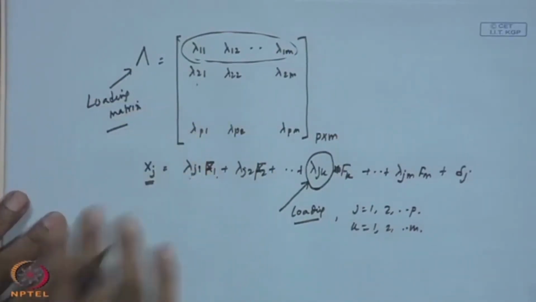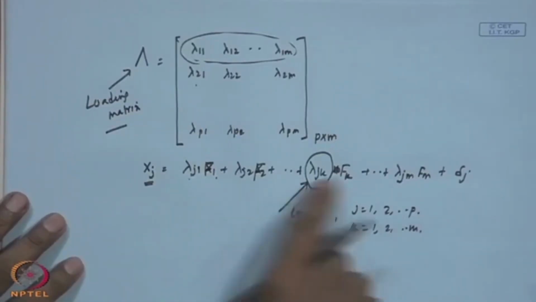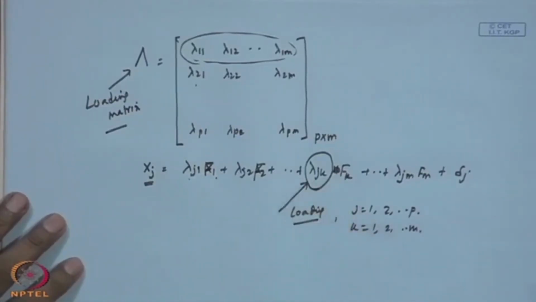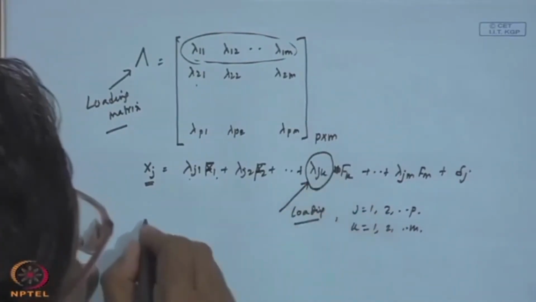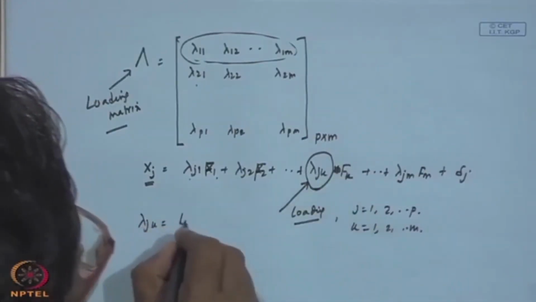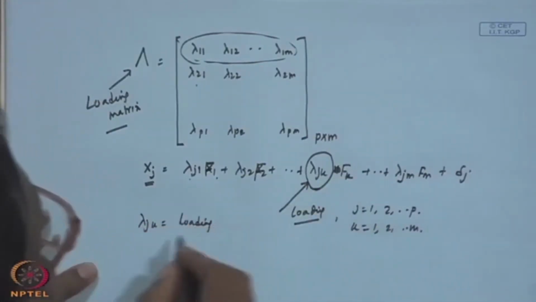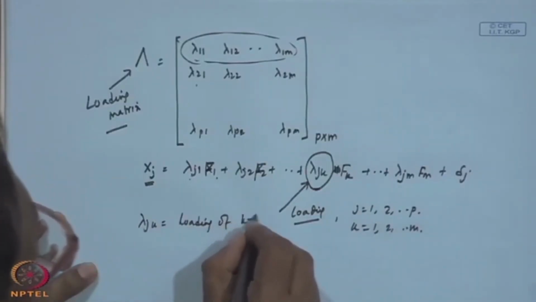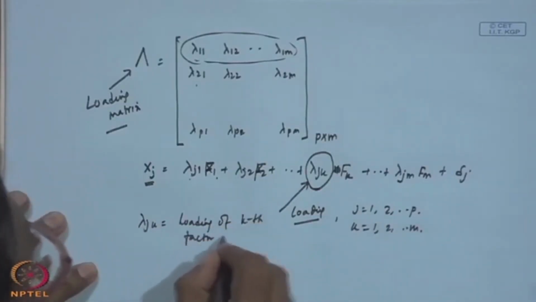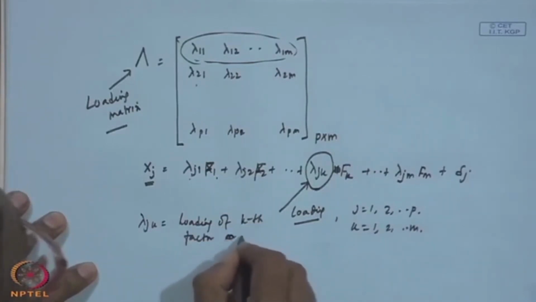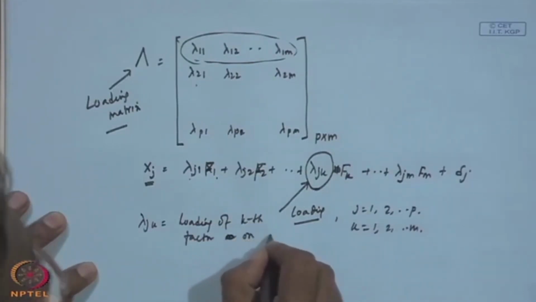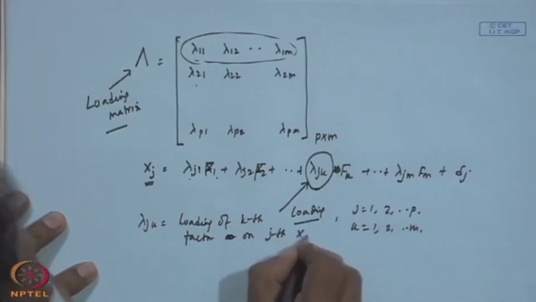Loading matrix means this is usually the factor loading matrix, and each lambda jk is known as the loading of kth factor on jth x variable.